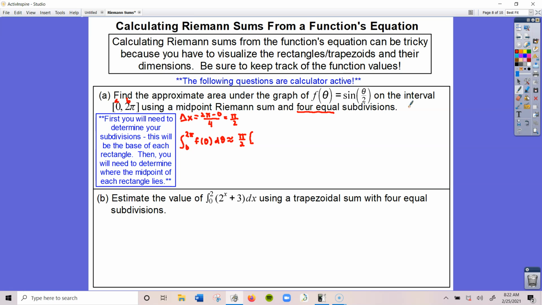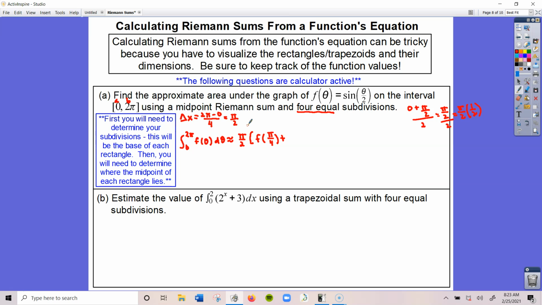So what you do to find a midpoint is you add 0 plus pi over 2, and then you divide by 2 to give you the middle, which pi over 2 divided by 2 is the same thing as pi over 2 times 1/2, which is pi over 4. So that would be our first function value, f of pi over 4. Now you don't have to do this to get the rest of them.